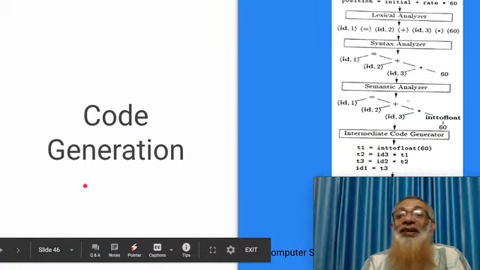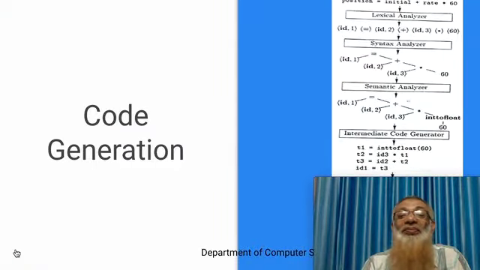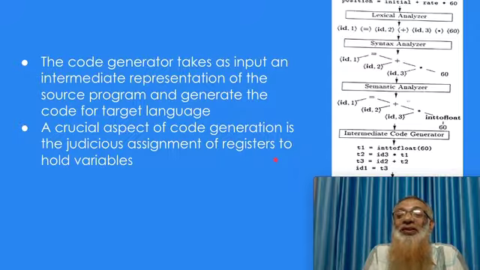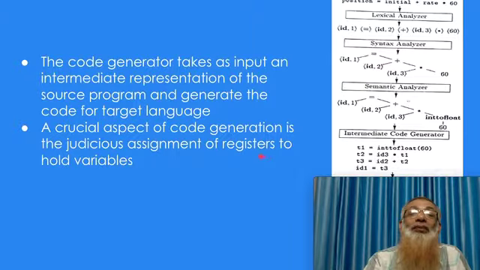Now the next phase is code generation. In code generation, it is the most expected thing. We have to produce the target code, not we. Here we is the compiler. The compiler has to produce the actual target code for the target machine. Now there are several criteria.